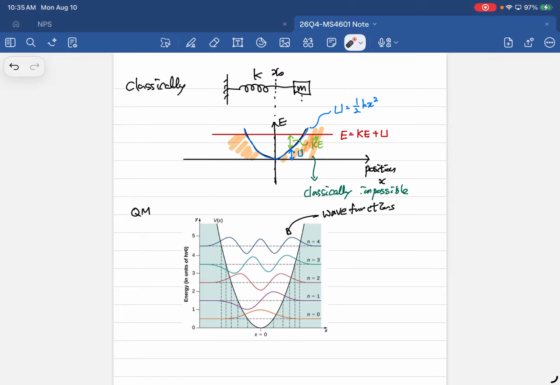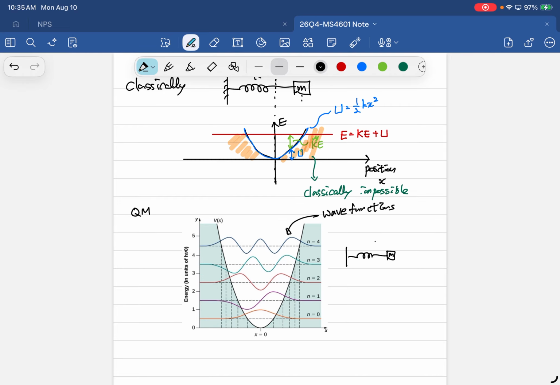So meaning that if, classically, let's say we operate a spring, and for a given potential energy, given how much we extend it, classically it confines the movement like that, then classically it can never go beyond that, right, this much.